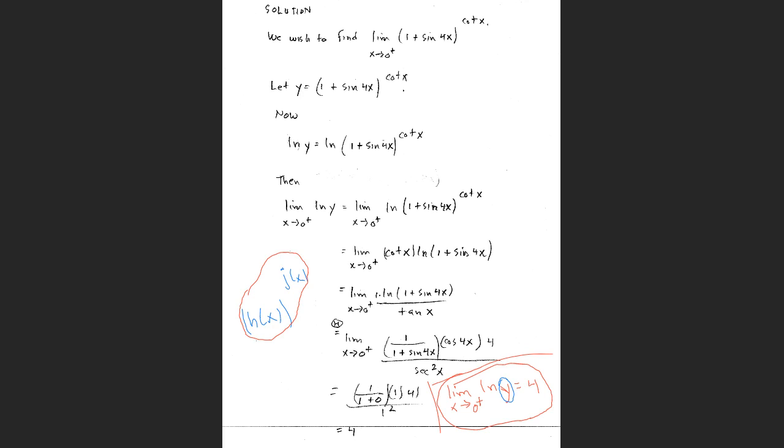So on the next page, we do it. The 1 plus the sine of 4x raised to the cotangent of x power is equal to y. That was what y is equal to.